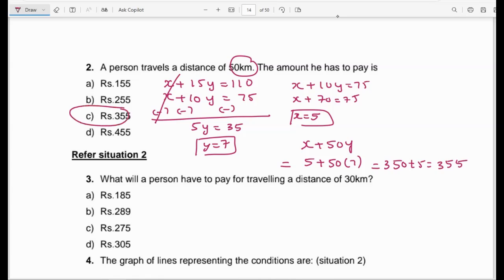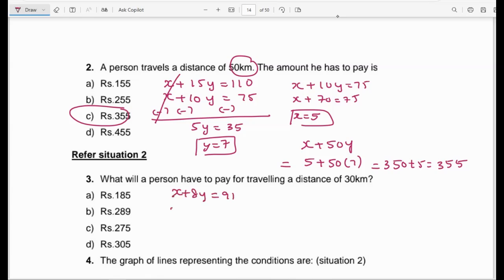Then what will the person have to pay for traveling a distance of 30 kilometer? So if he's traveling 30 kilometer, we have to take situation 2. So in situation 2, what happens? They've given x plus 8y is 91.